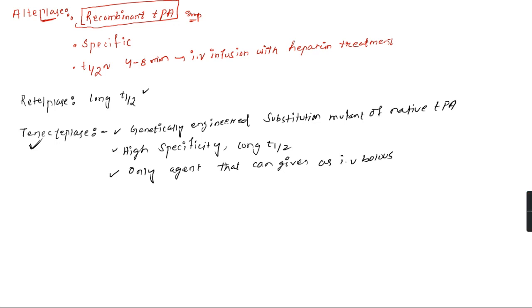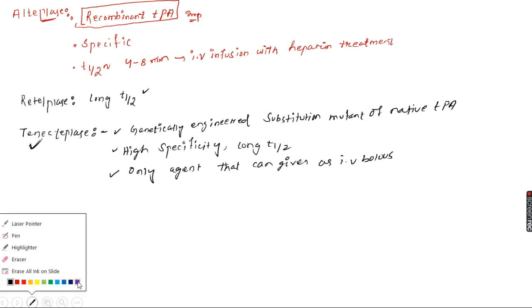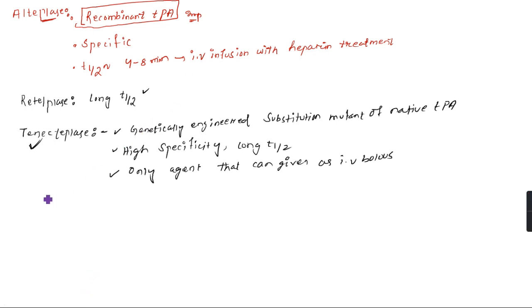Okay, so coming towards its uses. Its uses are very much important, so just focus. These uses are, as it helps in preventing thrombus formation. First and topmost use is acute myocardial infarction, acute MI. Second use is deep vein thrombosis.